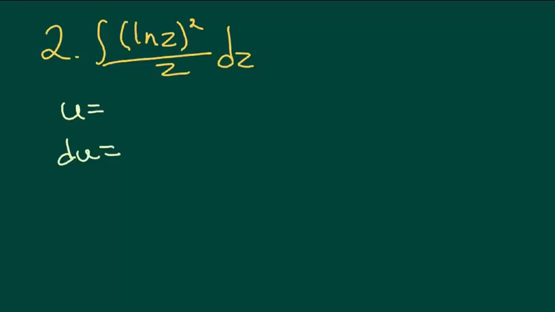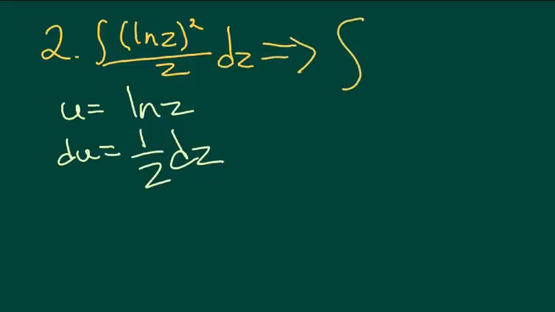So our second example of integration by substitution is going to be the integral of the natural log of z squared over z, and u in this case is just going to be the natural log of z. That's pretty obvious to see because you have the derivative of the natural log of z in the original expression, which is 1 over z dz. So now you can substitute and rewrite the expression as the integral of u squared du.